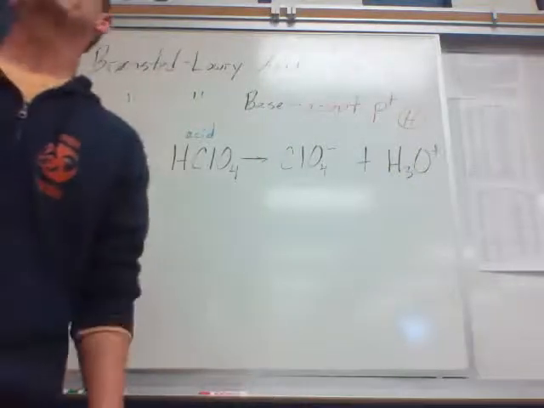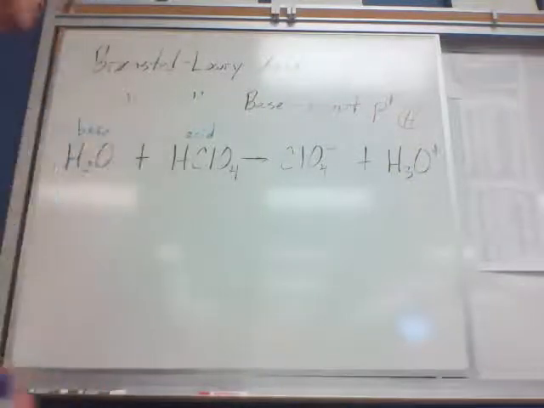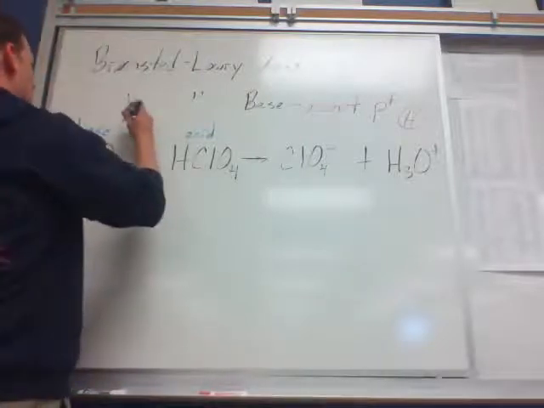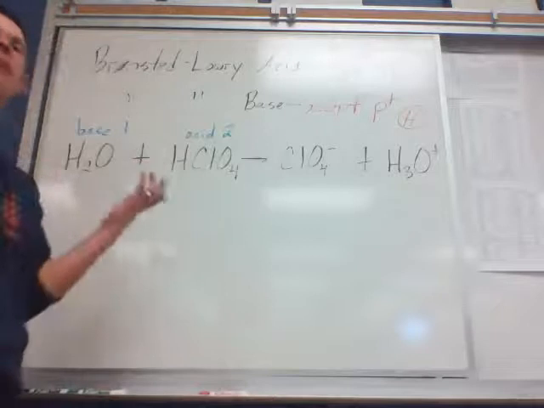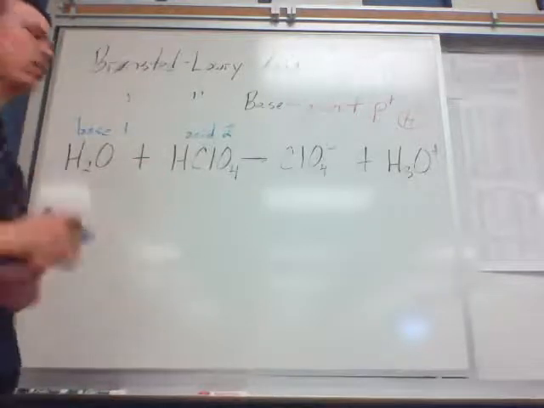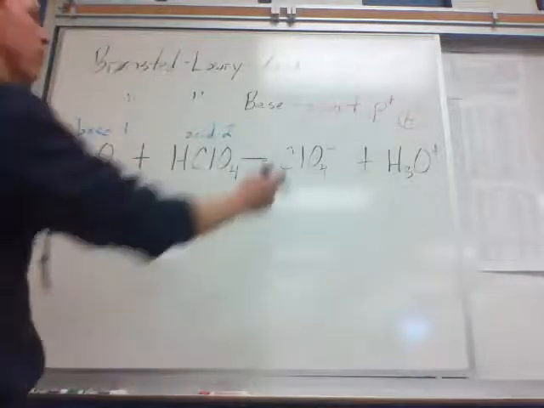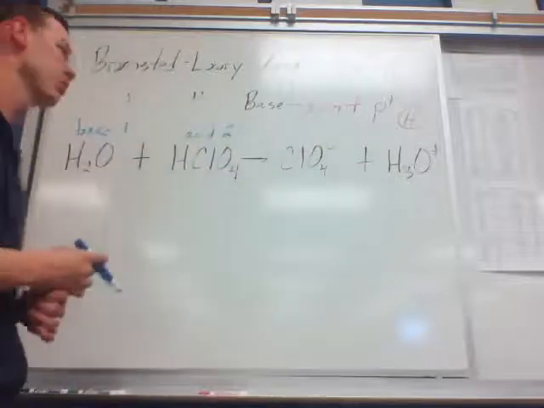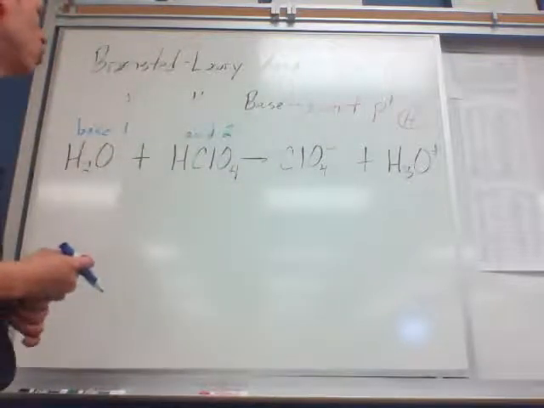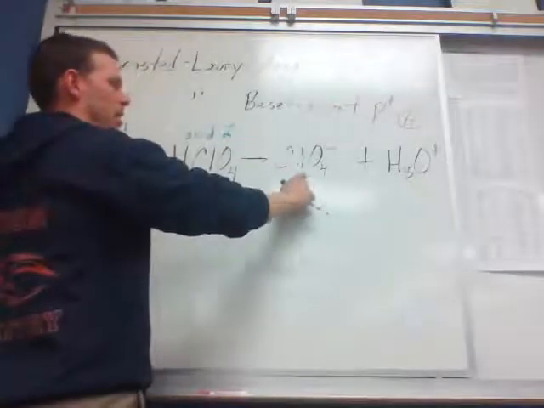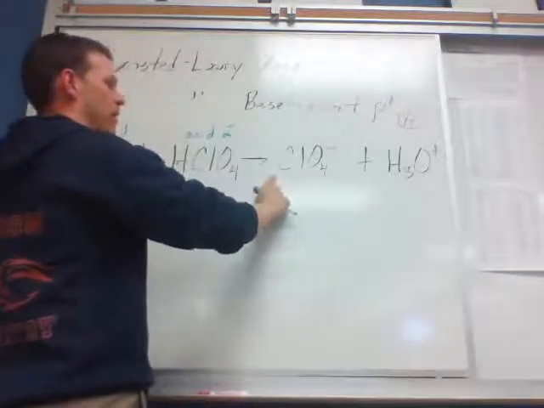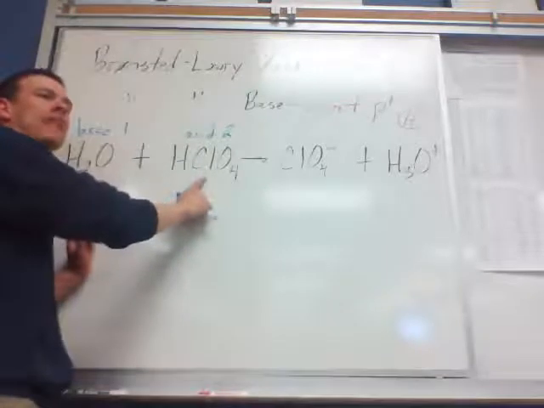Now we want to identify the conjugates. So I could call this one base 1, and I could call this acid 2 just to start setting up my groups. I'm going to have a 1 over there and a 2 over there somewhere. So let's see where each one came from. Look at that guy. Did he come from the acid or the base? He's the leftover of the acid.